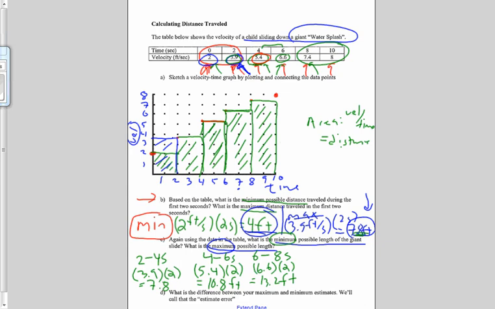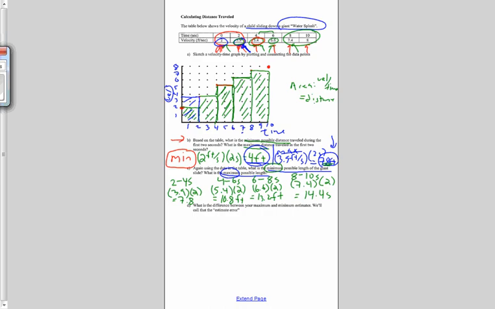And that area between 8 to 10 seconds has a velocity of 7.4. That's our minimum velocity in that region, between 8 to 10, times 2, which is 14.4 feet. Okay.